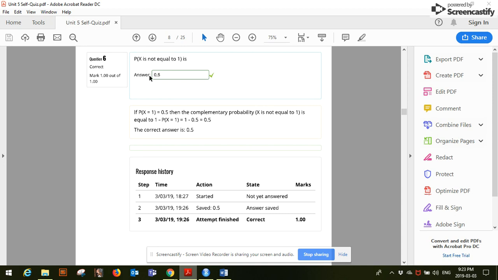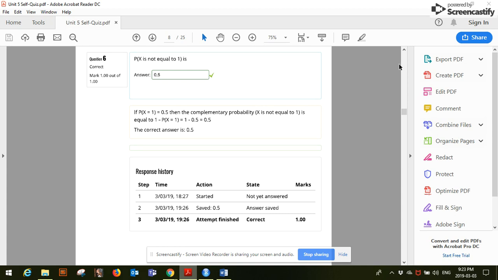In this question now, we are asked what's the probability of X not equal to 1. Well, for X not to be equal to 1, we need to take the complement, which is basically 1 minus P of X equal to 1. We either have 2 things, either X equal to 1 or X is not equal to 1, and the sum of the 2 will give you 1. The reason we are doing this is because for X there are only 2 possible outcomes, since you're tossing the coin 2 times.